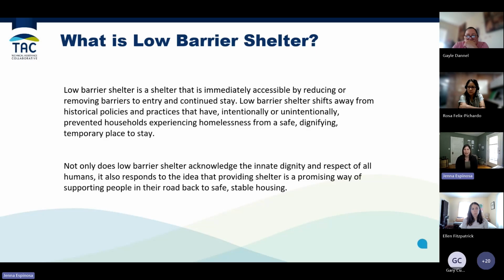And so we do see that, and we are seeing voices support that more and more. So it's incredibly important to also have the conversation about low barrier shelter and its importance in supporting people experiencing homelessness. And low barrier shelter really does support the idea that everyone has innate dignity and deserves respect, and that shelter is a stepping stone into housing as well.